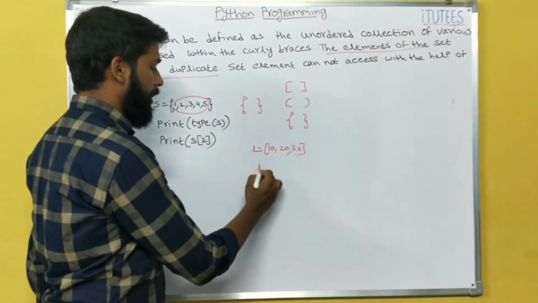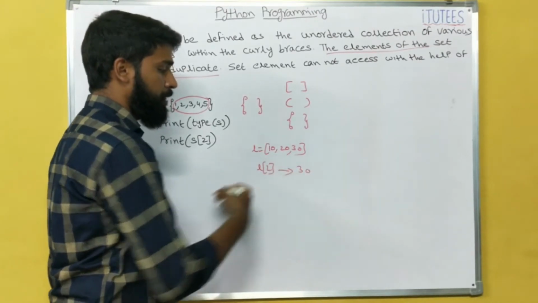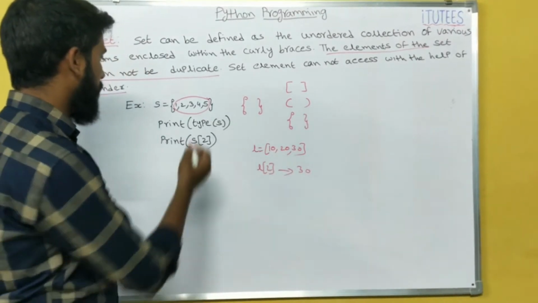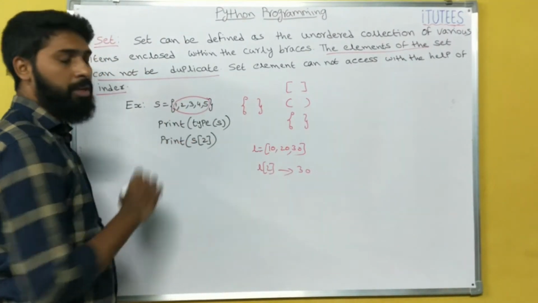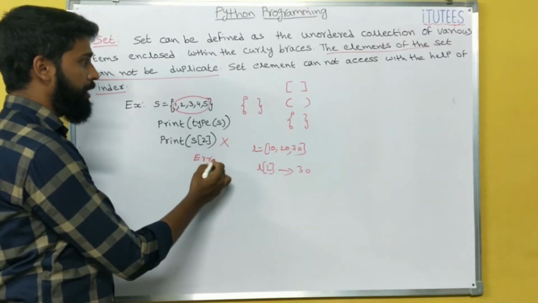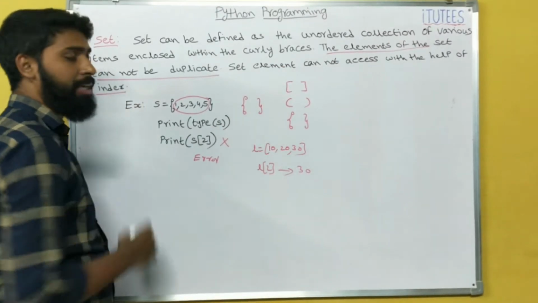If I print L of 2, what does it print? It prints 30. I access this element with the help of index 2. In this example, if I print S of 2, then it returns an error. Why? Set elements cannot be accessed with the help of an index.